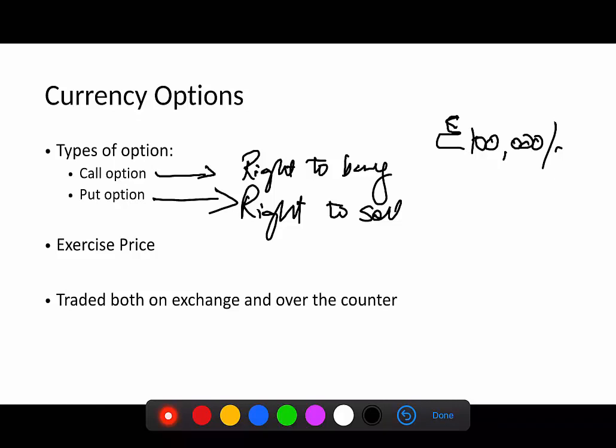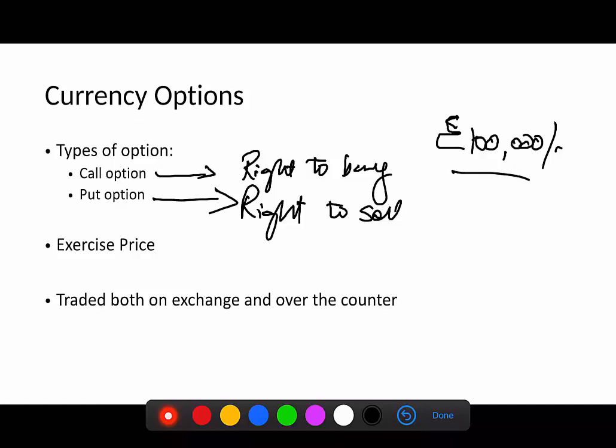In that case, you might enter into the option contract, and on the date of the transaction, you will see what the price of the euros is in the foreign exchange market. If it is less, you might buy the euros from the exchange market, rather than buying from the call option contract seller who has sold you the right to buy the specific 100,000 euros.